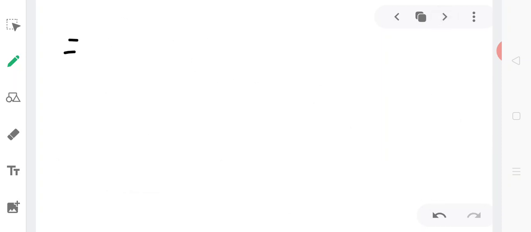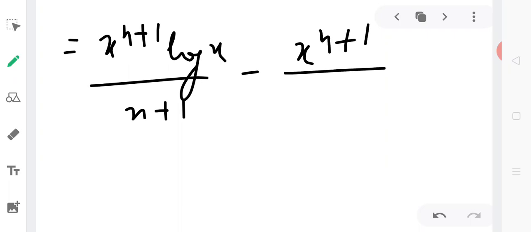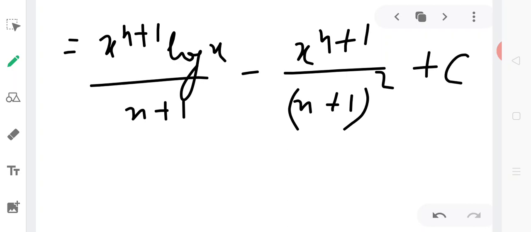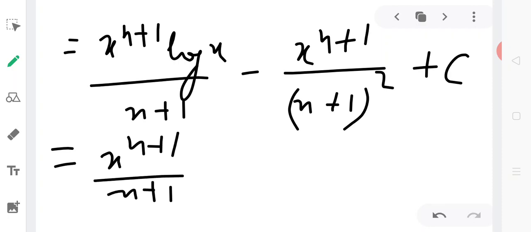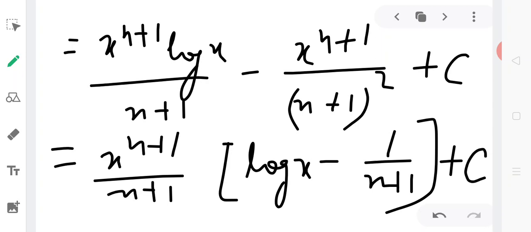So this will give you x to the power n plus 1 log of x by n plus 1 minus x to the power n plus 1 by n plus 1 whole square plus a constant of integration. You can take out x to the power n plus 1 by n plus 1 as common, so you will get log x minus 1 by n plus 1 plus a constant of integration. So this is the second way of solving an integral, that is called integration by parts.